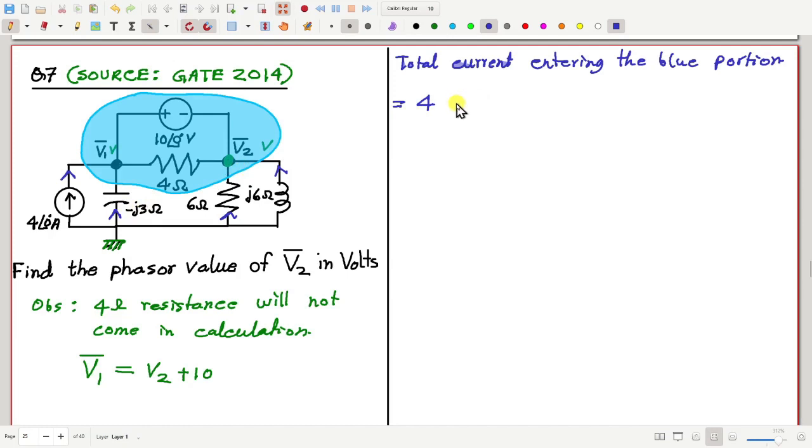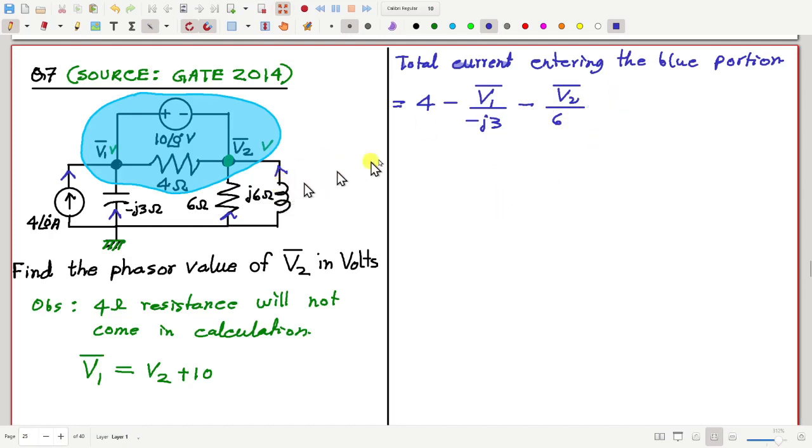Then in the second branch, V1 bar divided by minus j3, this amount of current is coming out, going downwards, so let me put it as minus. Then through this 6 ohm resistance, V2 divided by 6 is going out, so minus.